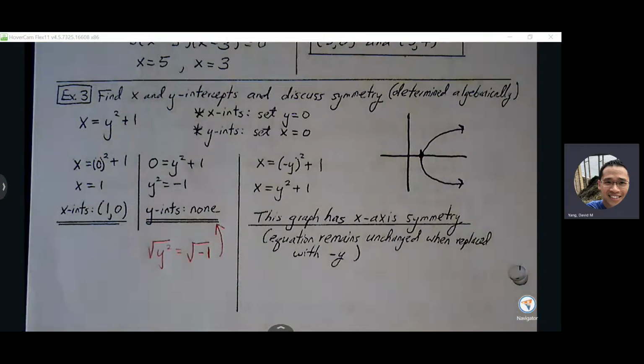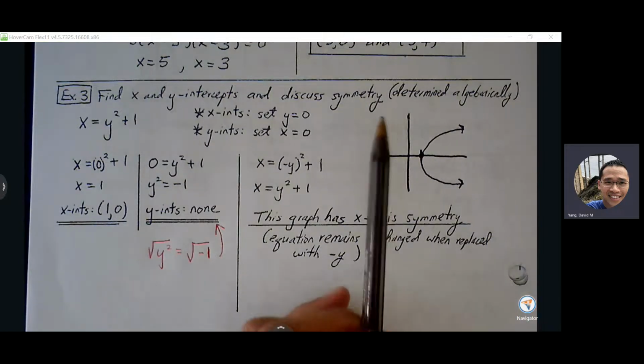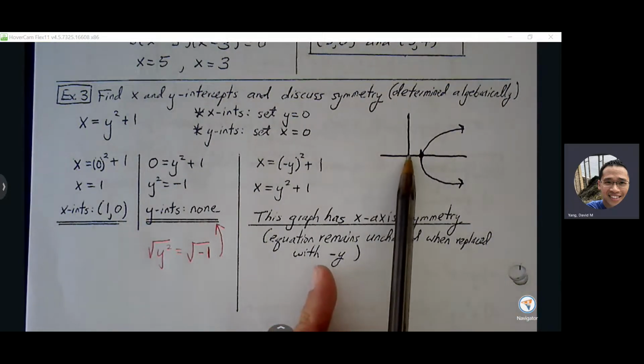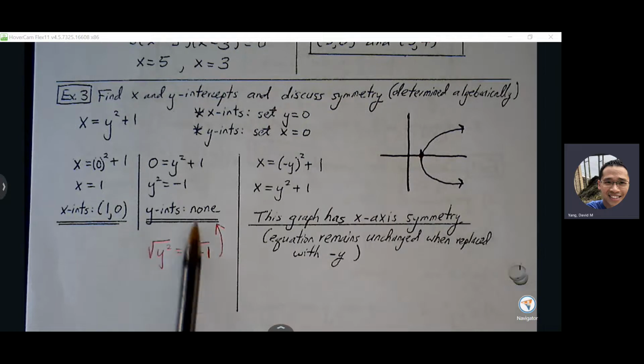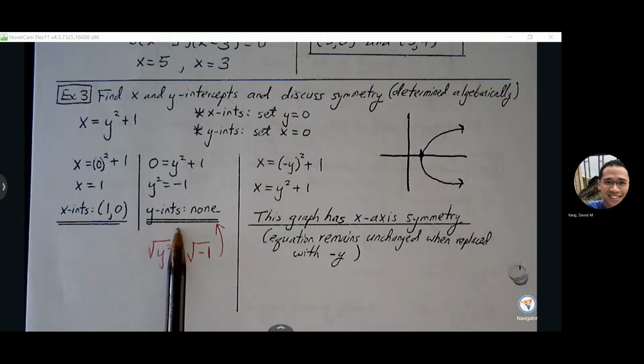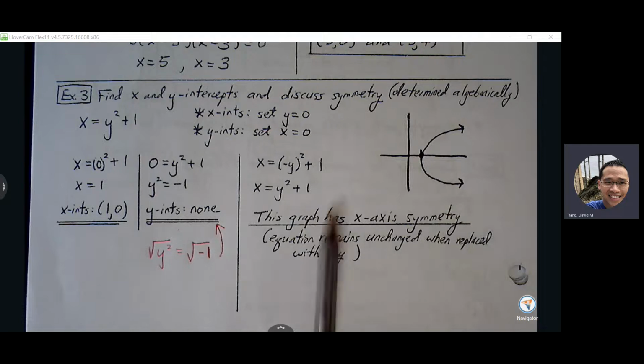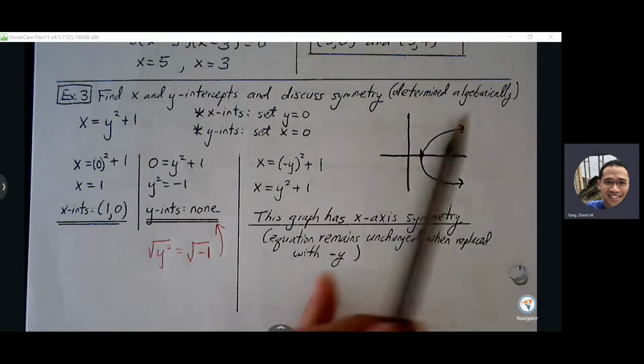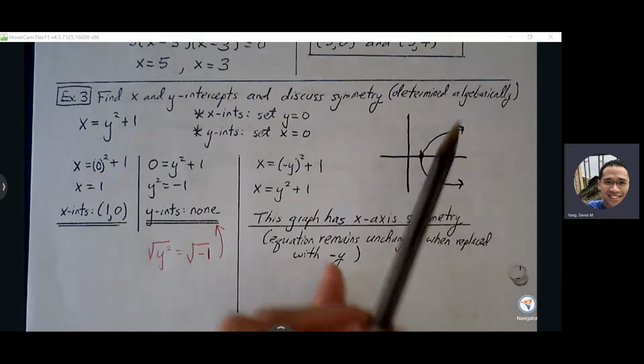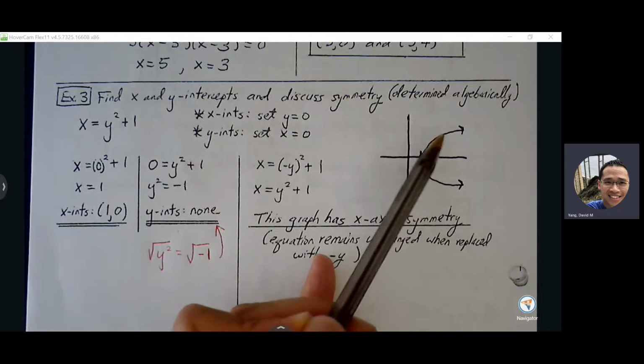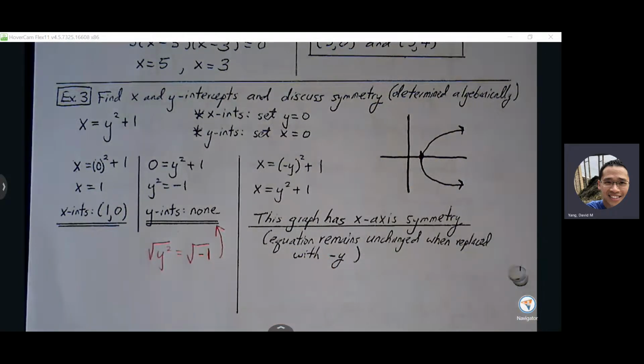Notice that because the graph is opening to the right of the y-axis, it's never going to touch the y-axis, and therefore that is why there is no y-intercept. You can visually see that this is x-axis symmetry, because even though this is not a function, we can visualize how this graph can fold over the x-axis and achieve overlapping symmetry.